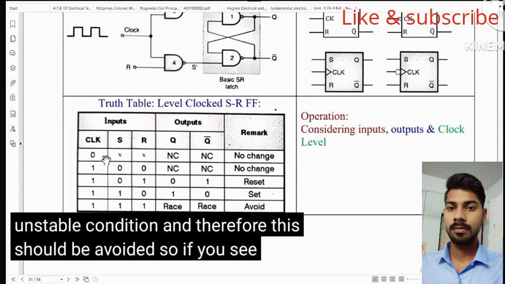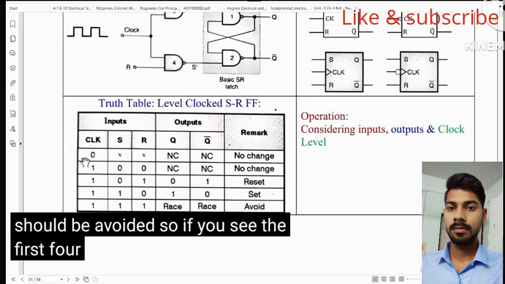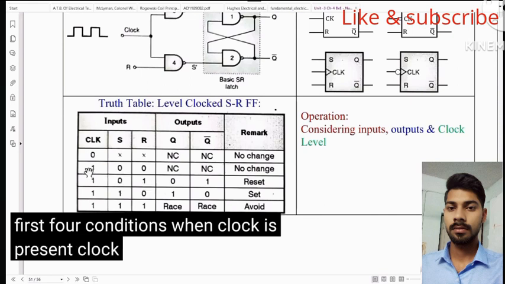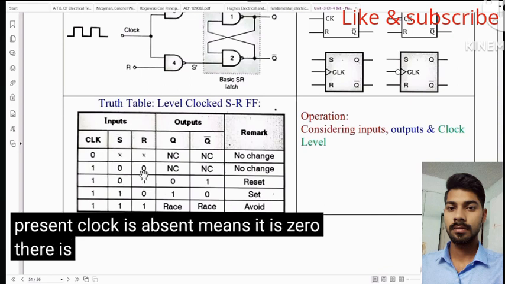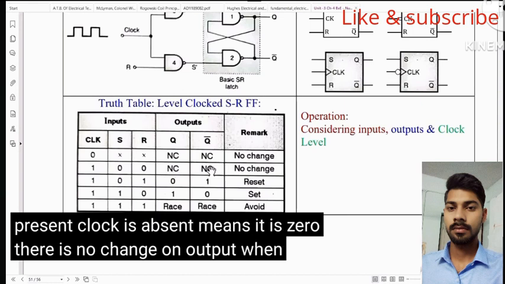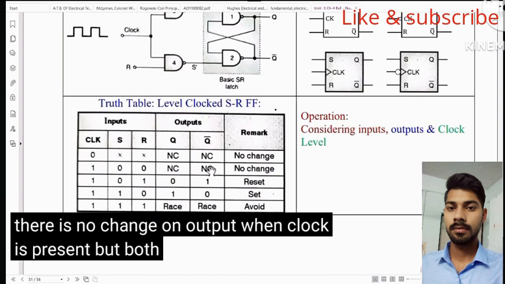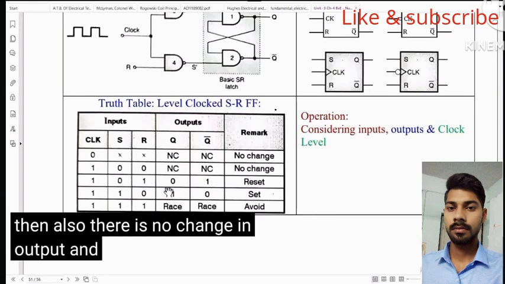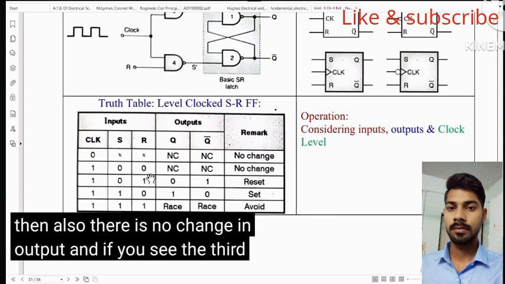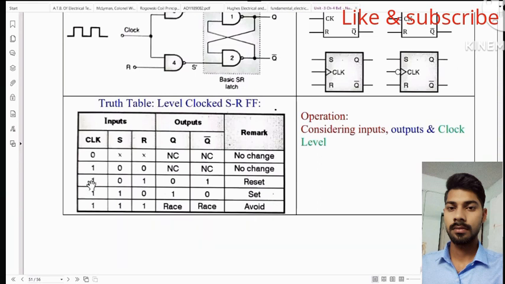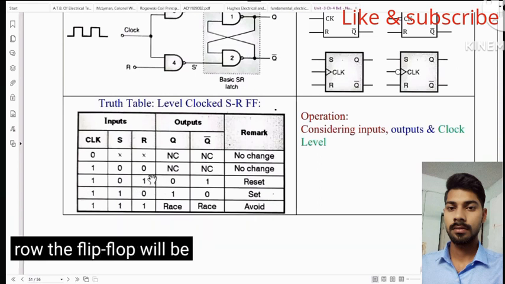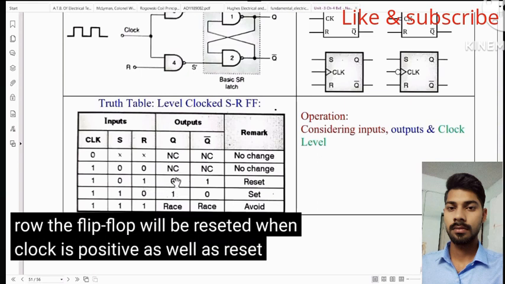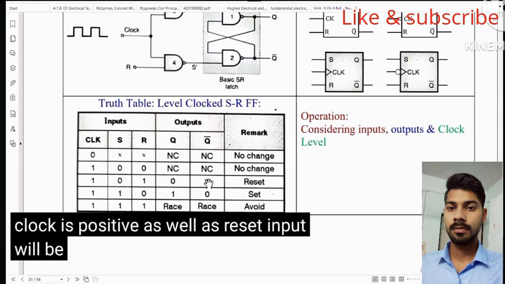So if you see the first four conditions, when clock is absent, means it is 0, there is no change on output. When clock is present but both the inputs are 0, then also there is no change in output. And if you see the third row, the flip-flop will be reset when clock is positive as well as reset input is 1.